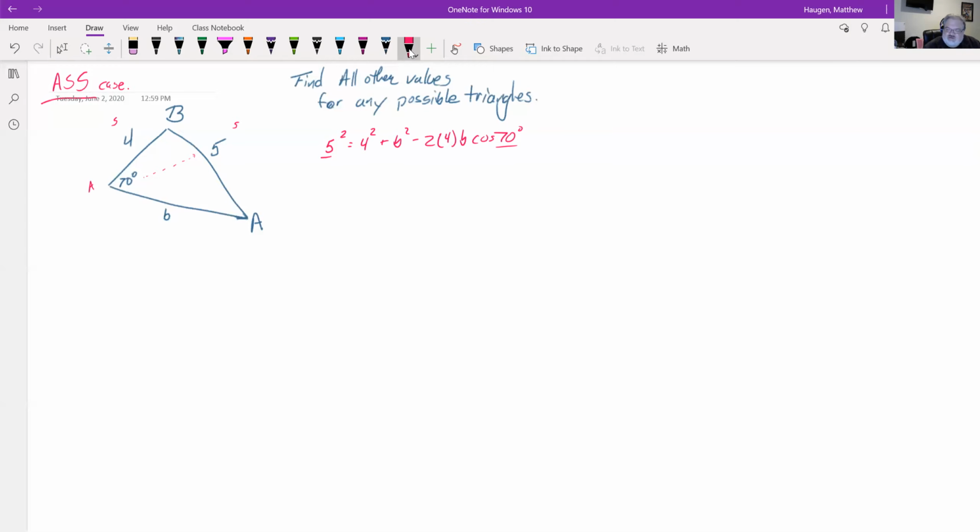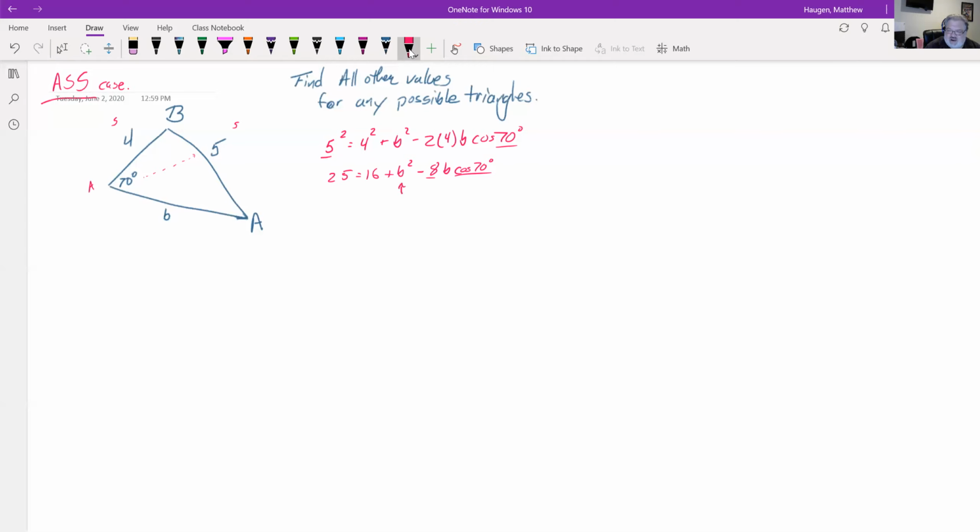We're students of algebra, so we certainly know how to handle something like this, but we'd get a little bit icky. Minus 8 times b times the cosine of 70 degrees. But remember, the cosine of 70 degrees is just some number. So that number times 8 would be the coefficient of b.